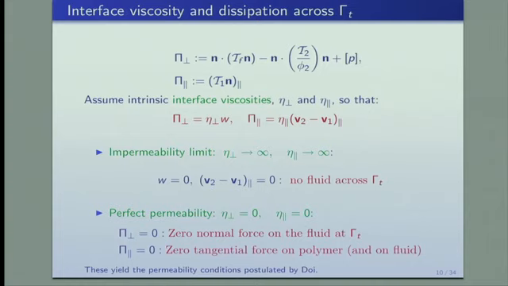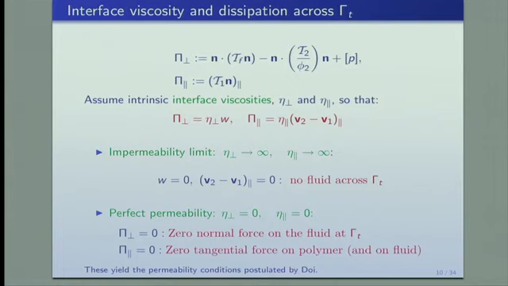This is the stress of the fluid inside the gel, and this is the stress outside. And of course the pressure is also part of this. And this part is the tangential velocity of the polymer, which just happens to be also the tangential velocity of the polymer.